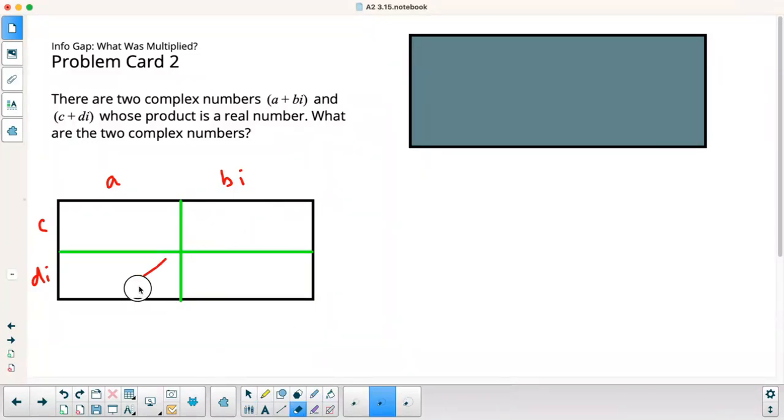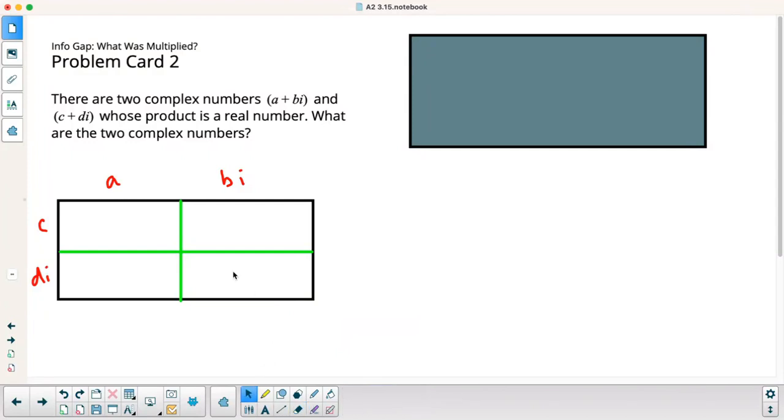So what we know is that these two are going to add up to 0. And these two here are going to be the only two that we have, because this is going to give me an i squared again, which is negative 1. So it's really bd times i squared. So it's negative bd.